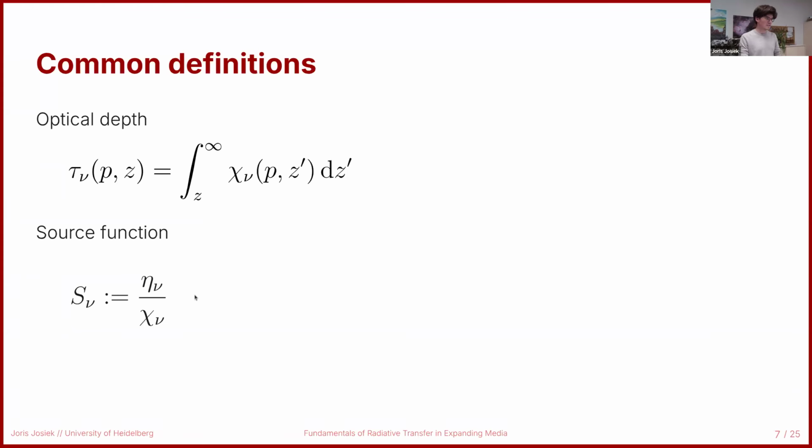The source function is just the emissivity divided by the opacity. Like the emissivity, it describes how the atom emits radiation or scatters radiation. It's also a very central quantity, and this source function is usually a function of the population numbers of the atoms.